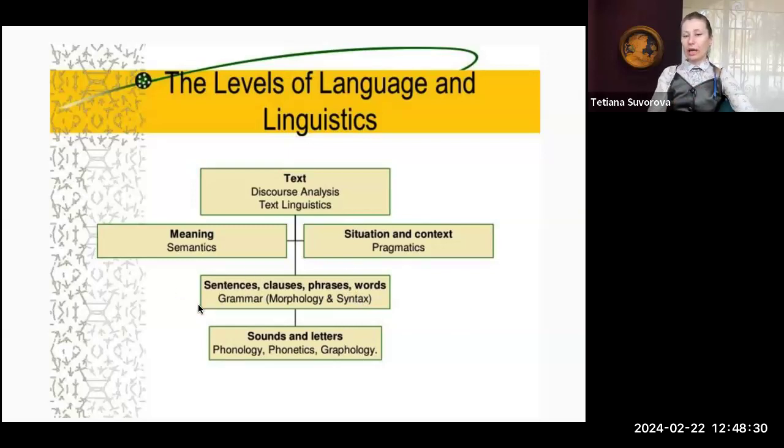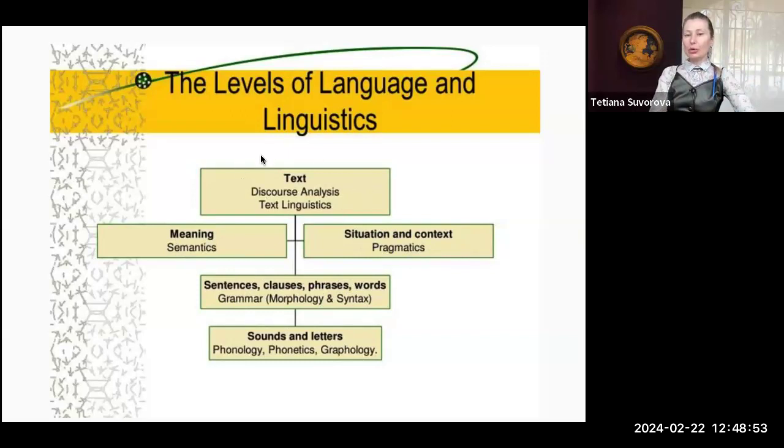So then when we have learned that and we have composed sentences, we can speak about some meaning that is expressed within the sentence, some idea, some situation, some feeling, and so on. And for what, within which context and situation, it is pragmatics that deals with these aspects of language.